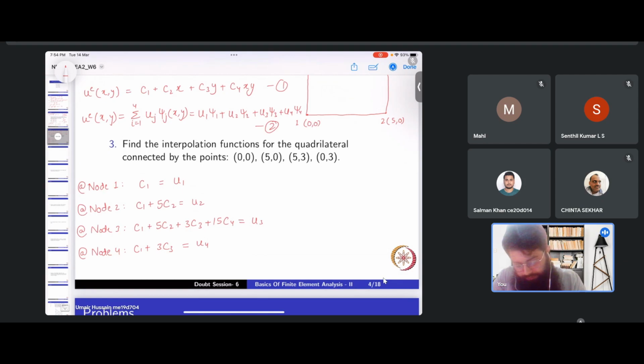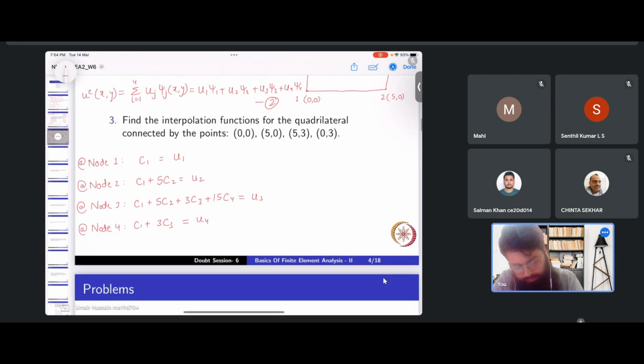So we have four unknowns here, c1, c2, c3, c4, that we'll have to solve. If we try to solve it manually, we get c1 equals u1, which we immediately got from node 1.